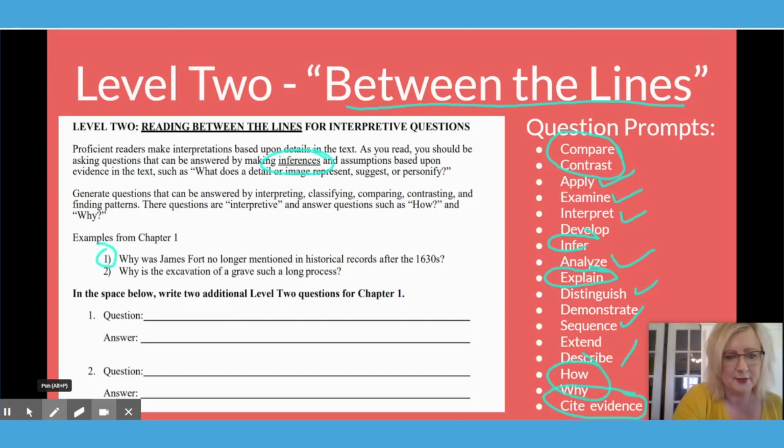Again, we have 2 examples here. Why was this fort no longer mentioned? Why is the excavation such a long process? This will be more than a basic question answer type situation like you would have with the level 1. This would be something that requires a bit more, probably a couple, 2 to 3 sentence answer, maybe even a paragraph for some things.